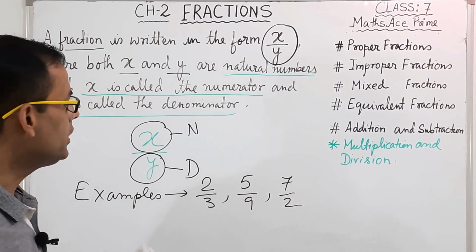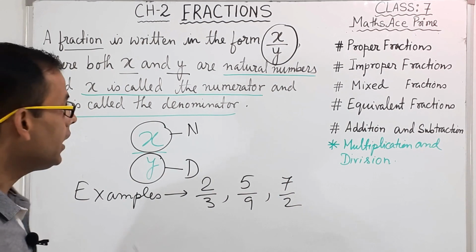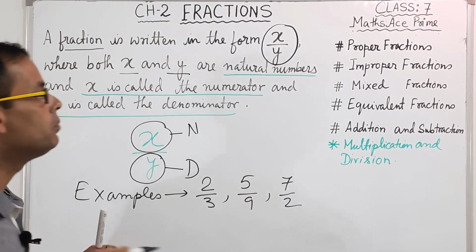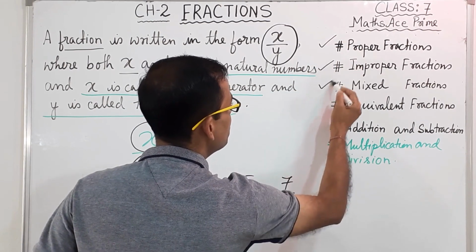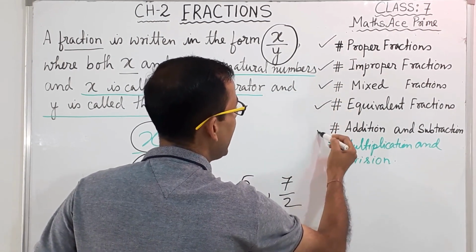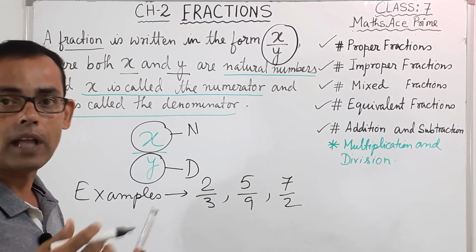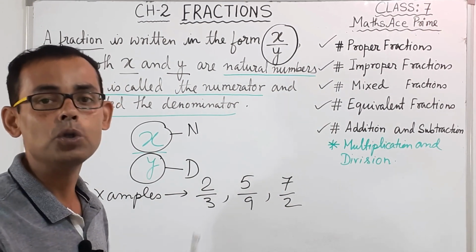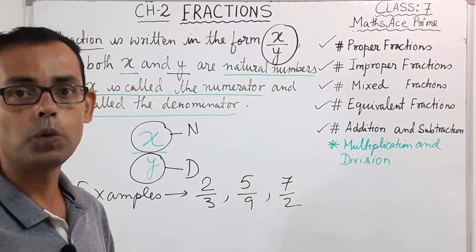So these are all fractions only. Now we will understand a little bit more about these things: proper, improper, mixed, equivalent, addition, so that it will be easy for you to do the sums in exercise 2.1, 2.2.